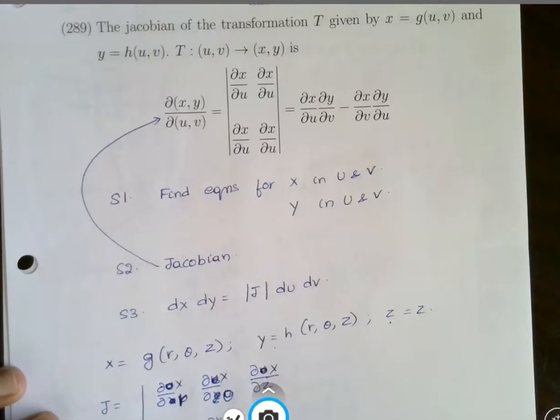The third row would be partial z over partial r, partial z over partial theta, and partial z over partial z.